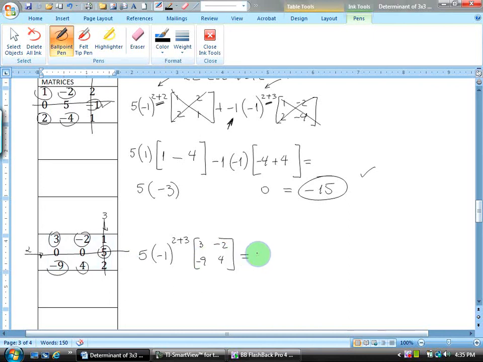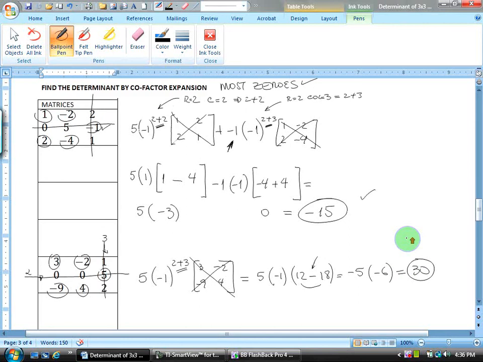Okay, this will give us 5 times, let's see, odd exponent, we keep the minus 1, and the determinant of a 2 by 2 is these 2 multiplied, 3 times 4, 12, minus these 2 multiplied, that's a negative 9, negative 2, plus 18, so it's minus 18 because we already had that minus sign there. This will give us minus 5 times 12 minus 18 gives us minus 6, and multiplied gives us plus 30.